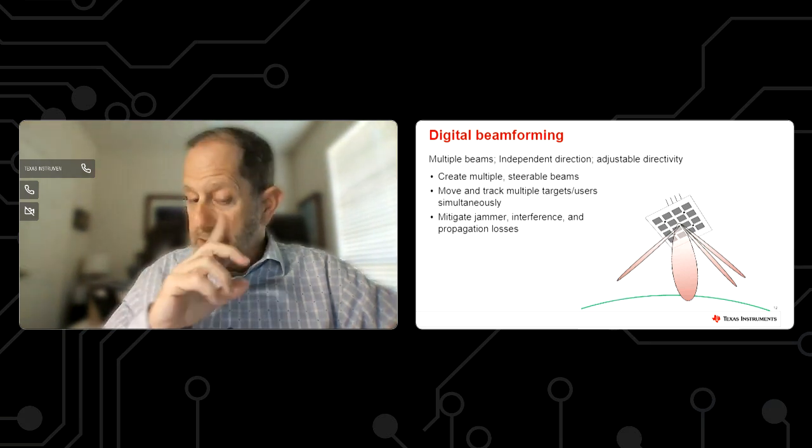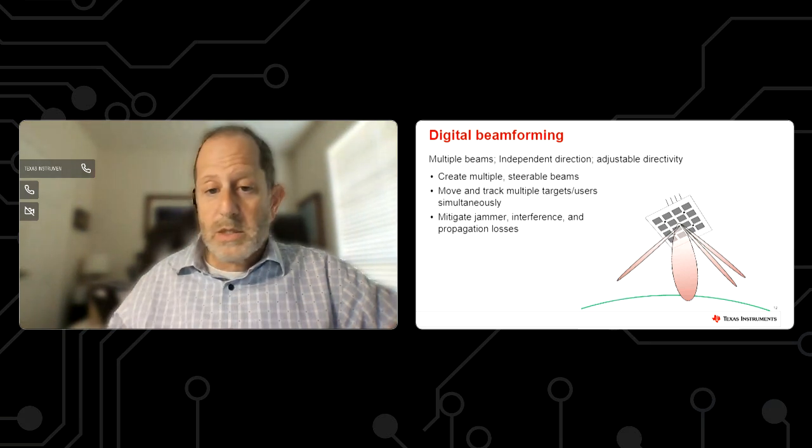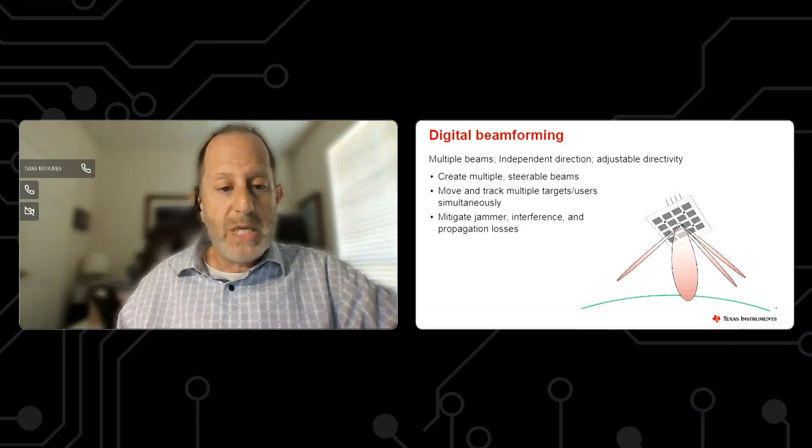The other angle is you can also think about this as not only steering the beam, but also steering your null patterns. So if you have a null in this location, there could be something here that is jamming.